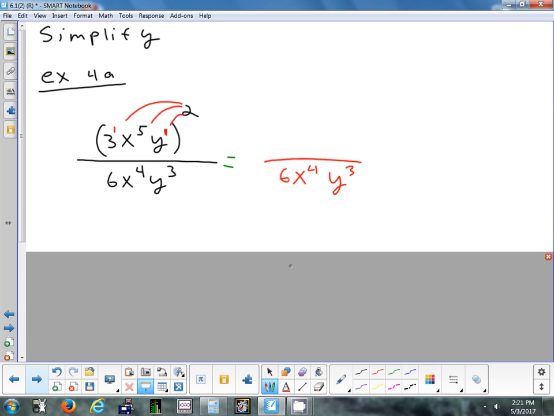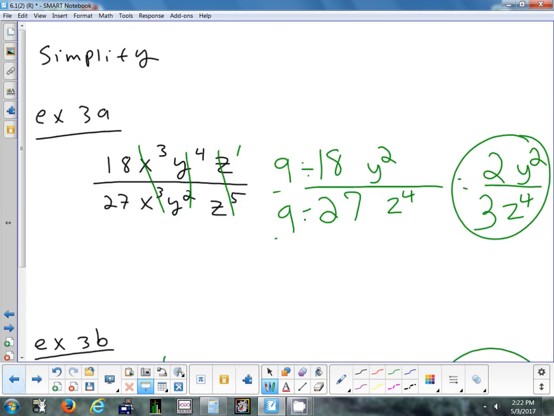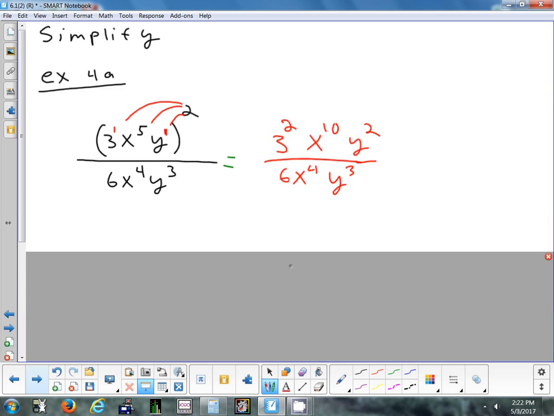Okay, so I'm going to have a 3 in the top. To what power? 3 to the 2. I'm going to have an x to what power? 10th. And I'm going to have a y to what power? 2. Now, this is almost like example 3. There's one more thing I have to do in the top to simplify it.